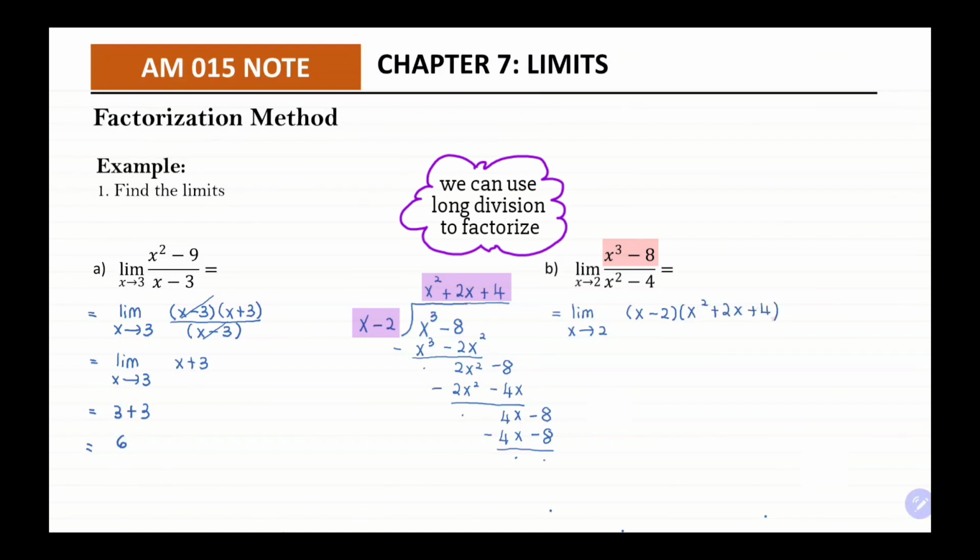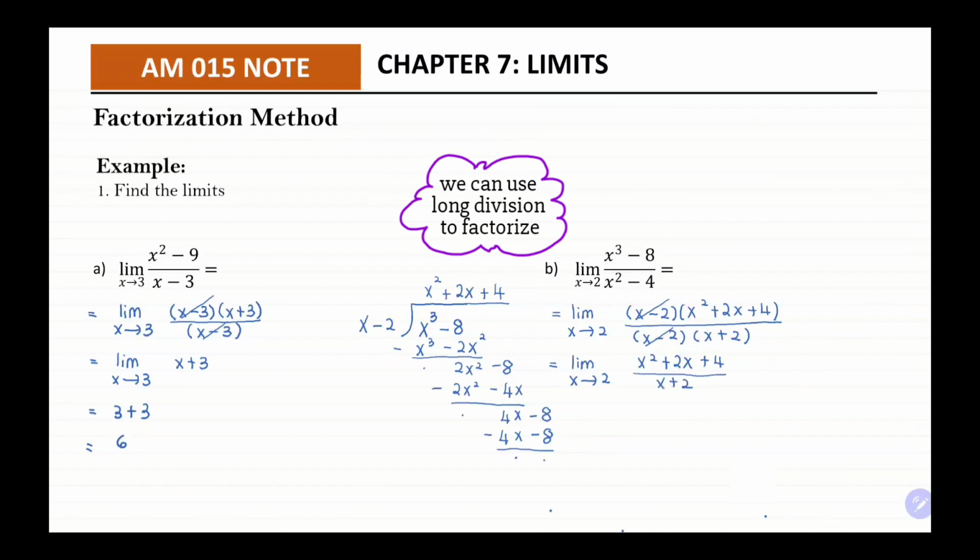plus 4, divided by x squared minus 4, which we can separate to become (x minus 2)(x plus 2). Okay, then we can cancel out x minus 2 with x minus 2. So we have limit x approaches 2 of x squared plus 2x plus 4 divided by x plus 2.